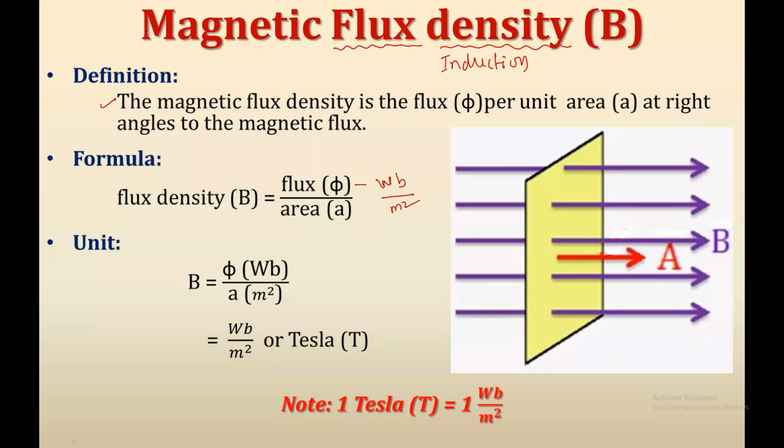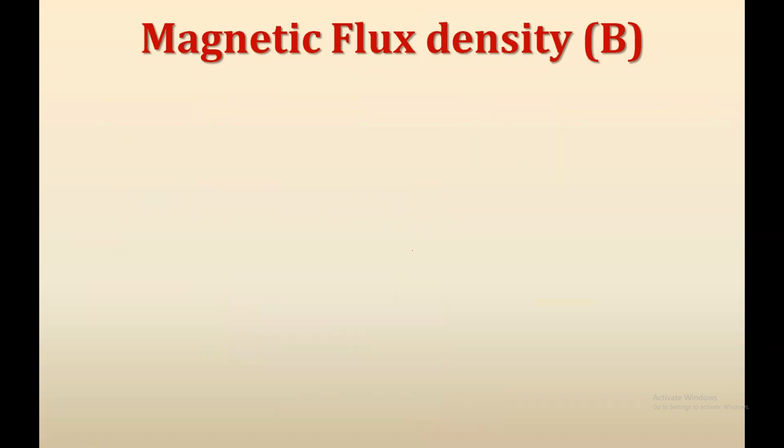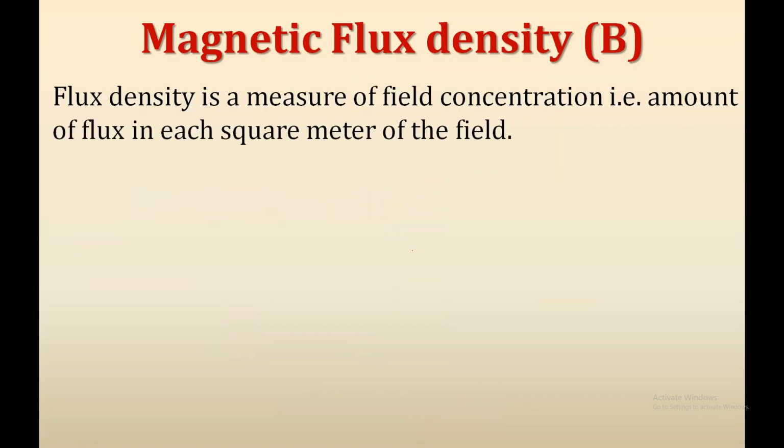But somebody might be thinking, if the plane of this area is not at right angle to that, then what happens? Then see what happens here. The flux density is a measure of field concentration, that is, the amount of flux in each square meter of that field. Is it right?